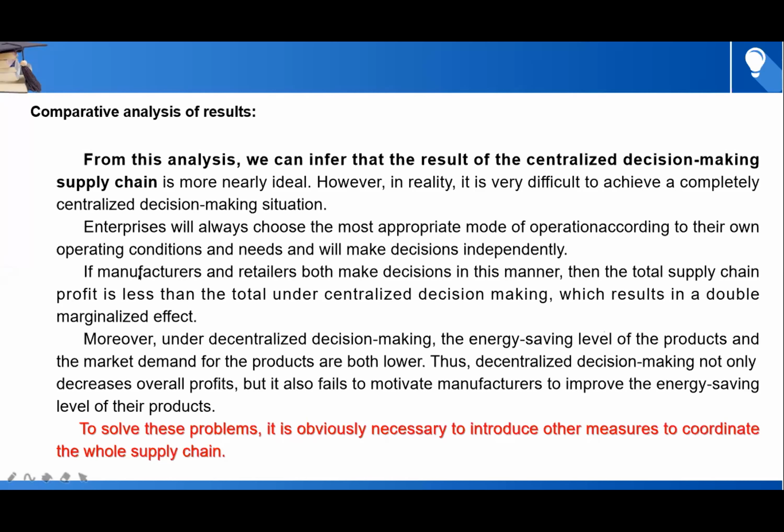If manufacturers and retailers both make decisions in this manner, then the total supply chain profit is less than the total under centralized decision making, which results in a double marginalization effect.